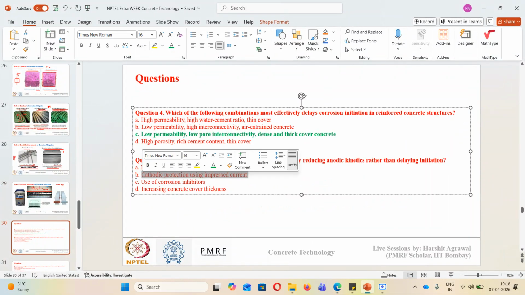Yes, B is one of the correct options. Any other option that you see is correct?